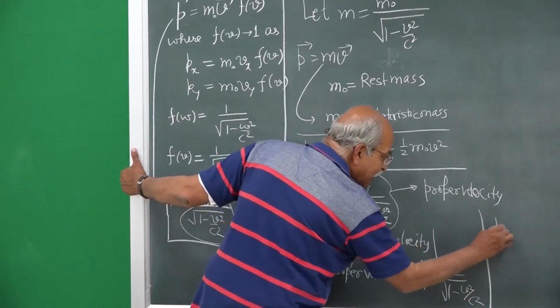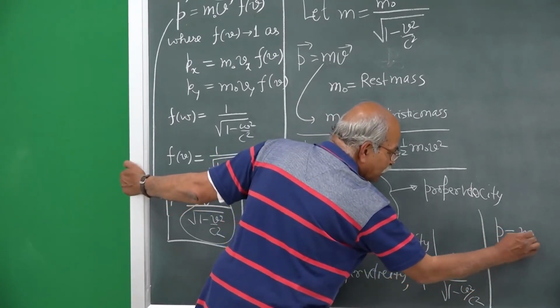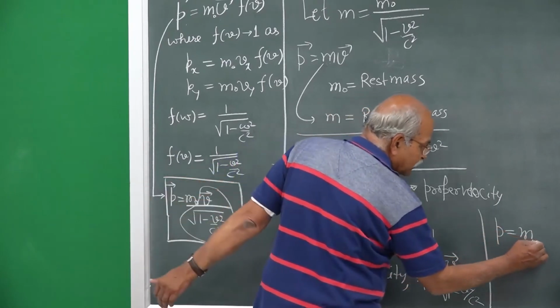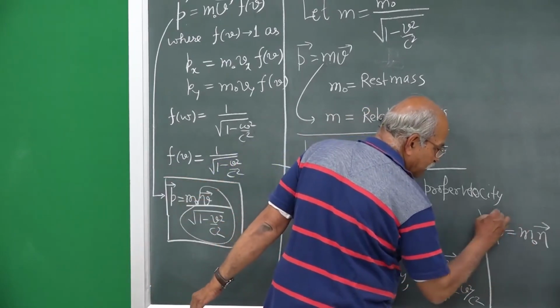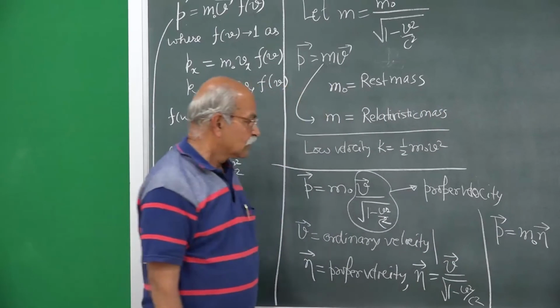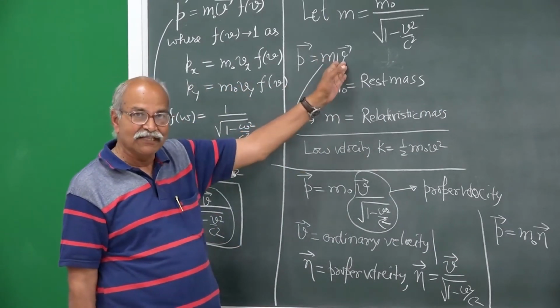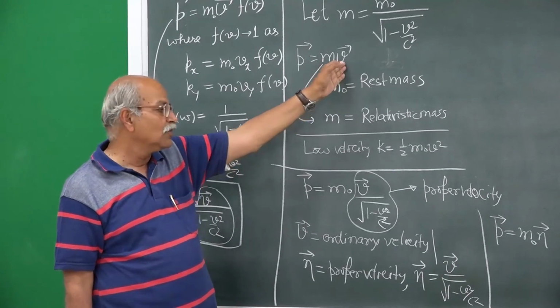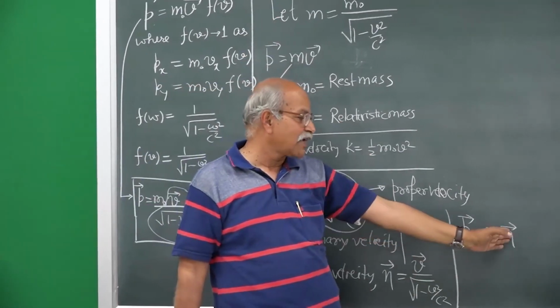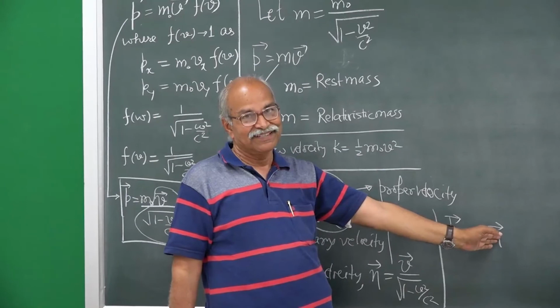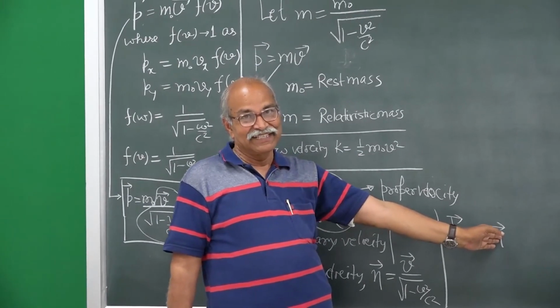Then also you can write p is equal to mass times this proper velocity. So, you can call it relativistic mass times ordinary velocity, or rest mass times proper velocity.